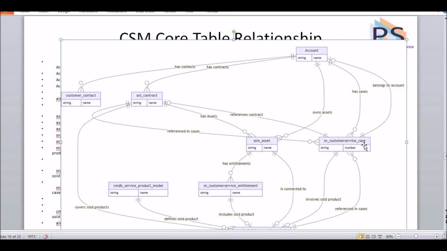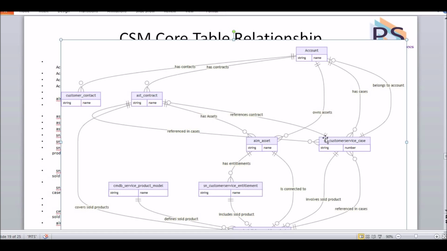So we are talking here about the B2B model. Okay. If we go further, the contract is further connected to the assets. So each asset can have its own contract, right? Every contract has the reference contract, and in case any case is related to that, then it should also be related to the contract.